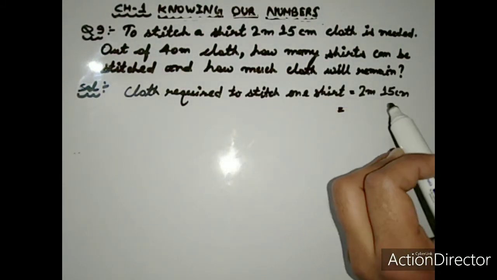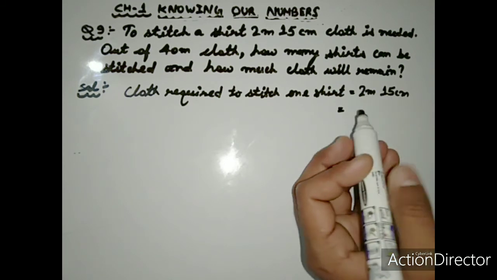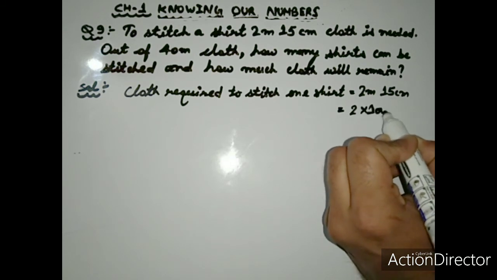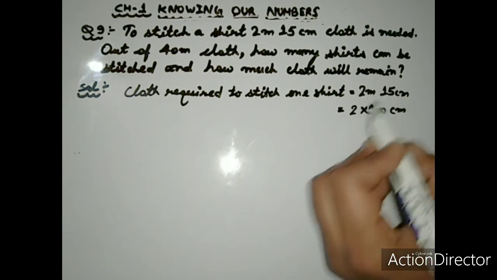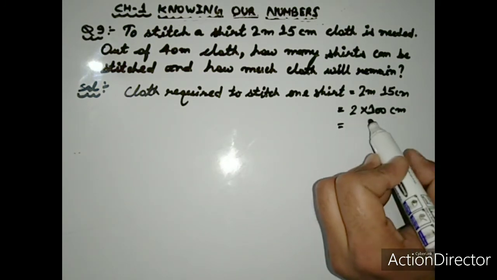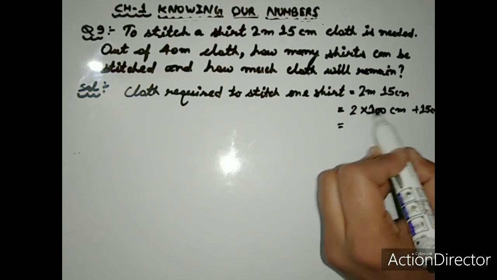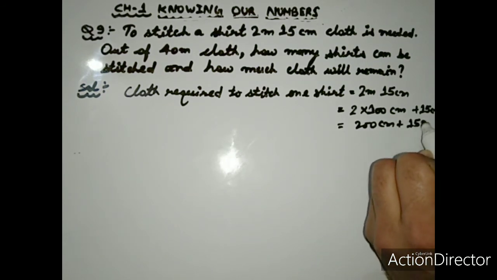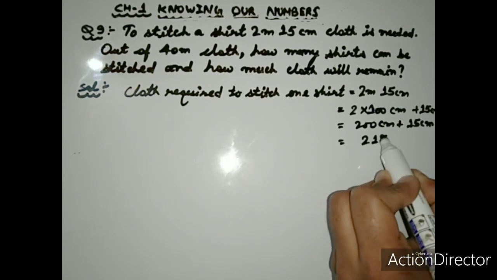Now here we change this meter into centimeter. When we convert meter into centimeter, we multiply the number by 100 and then we get 200 centimeter plus 15 centimeter. Then we get 215 centimeter.